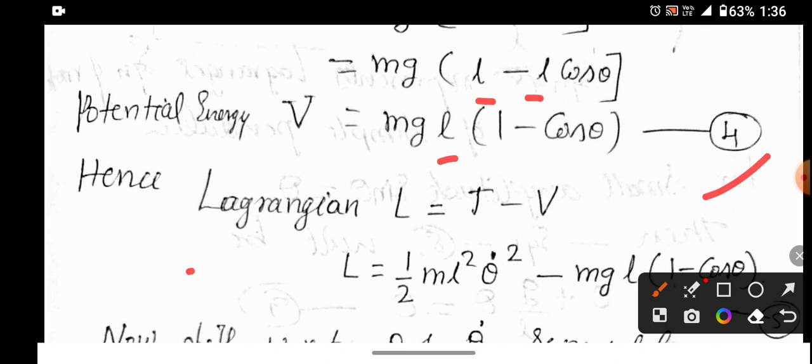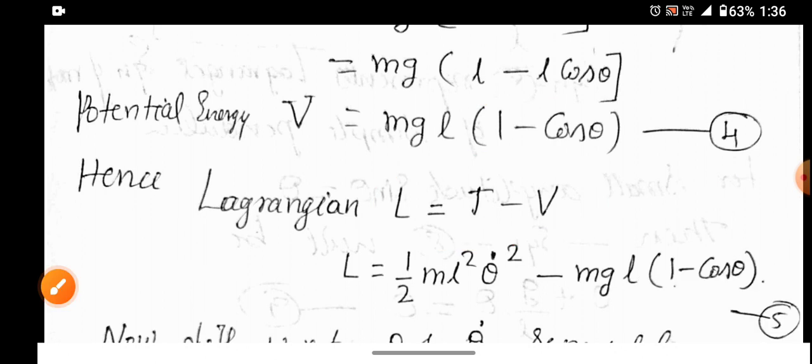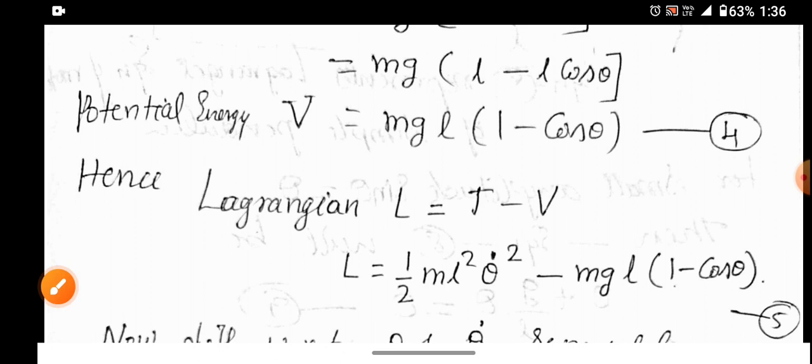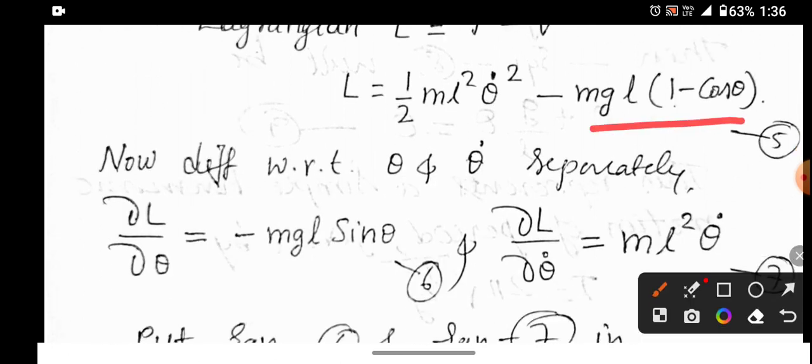We know that the Lagrangian is the difference between the kinetic energy and potential energy, that is L is equal to T minus V. Putting the value of T and V from equations 3 and 4, we get L is equal to half m L square theta dot square minus mgL into 1 minus cos theta.